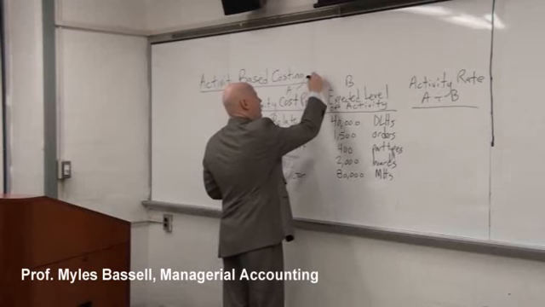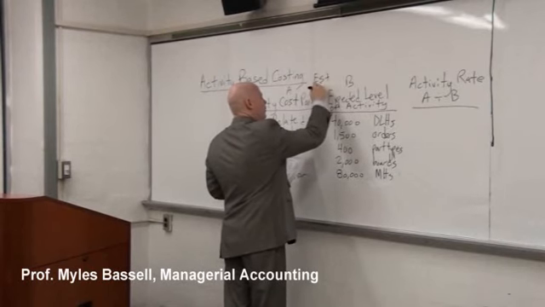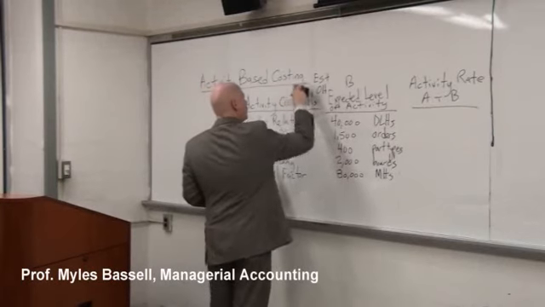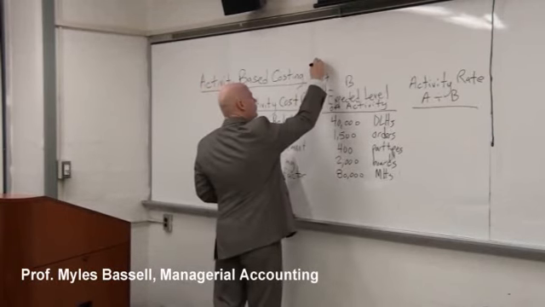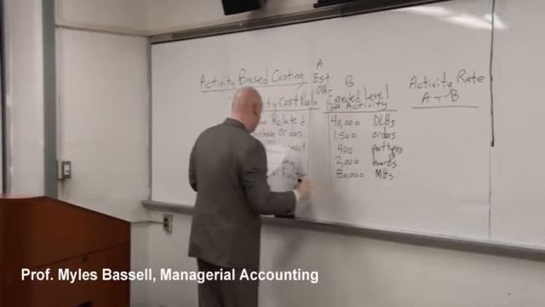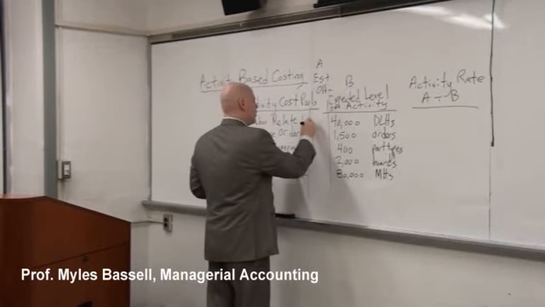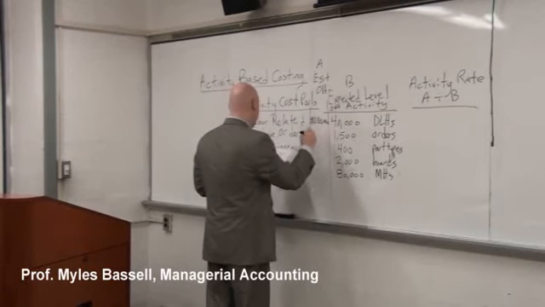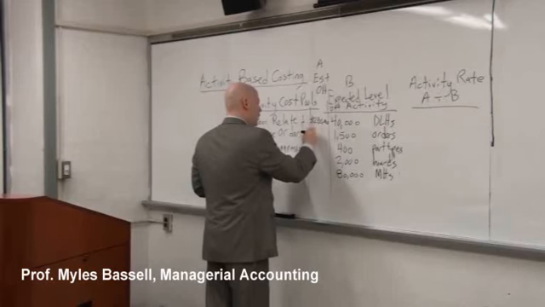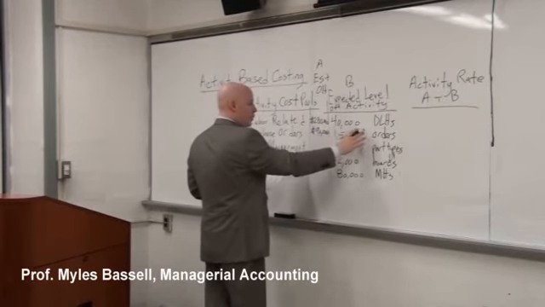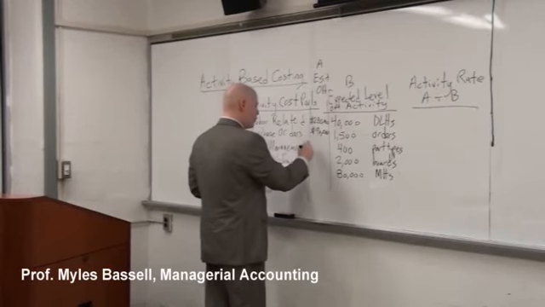And actually, we need to put the estimated overhead. All right, so in this case, we've estimated this to be $280,000. Purchase orders is $90,000. That's the cost associated with 1,500 orders.